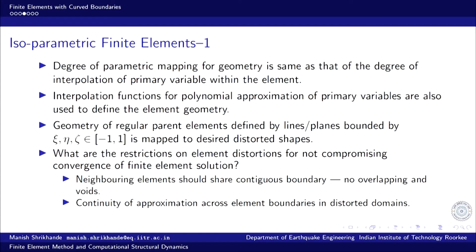Secondly, the continuity of approximation of the primary variable across the element boundaries in distorted domains. In the regular domain, we defined that if we choose the interpolation function in a certain way, then the continuity of the primary variables would be satisfied, C0 continuity or C1 continuity depending on the problem, and it was established that the required degree of continuity of primary variables can be ensured.